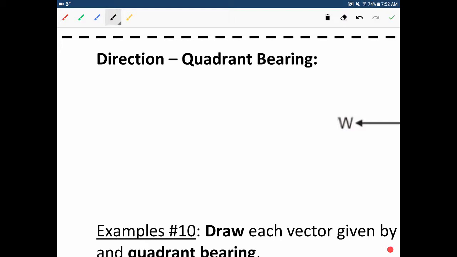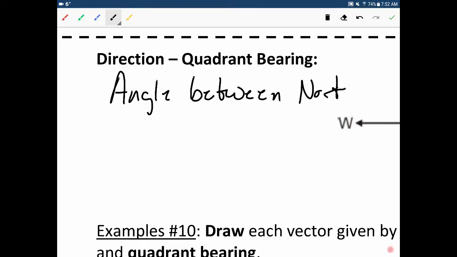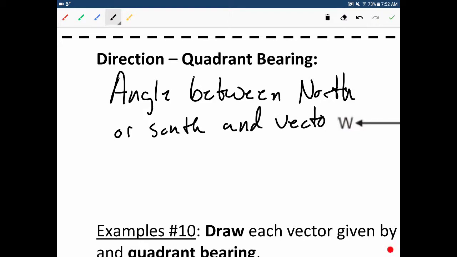So we'll say the angle between north or south and the vector, specifying east or west.